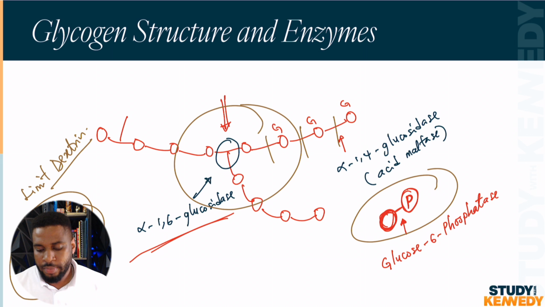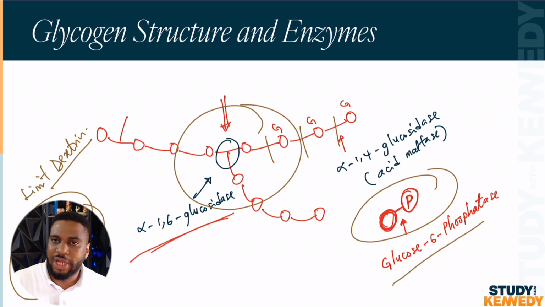What does that mean? When you have a deficiency in alpha-1,4 glucosidase or alpha-1,6 glucosidase, you're not able to break down glycogen, but you don't have charged glucose molecules loitering around in the blood or in the tissues or in the cells. When you have glucose-6-phosphatase deficiency in von Gierke's disease, it is not just an inability to break down glycogen.